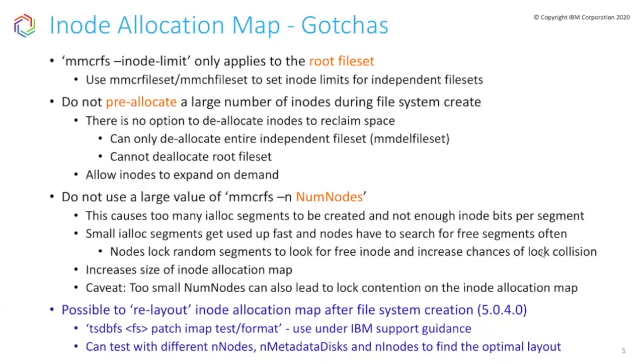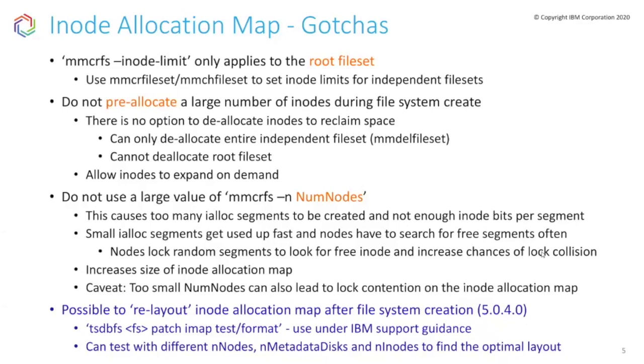Also, don't use a very large value for the number of nodes that you estimate the cluster to be, because we use this value to determine how many segments to create, that is to help with parallelism. Now, you might be in a situation where you have created a lot of segments, but you don't have enough inodes to populate these segments with. So you might end up with a lot of empty segments and segments with very few inodes in them.